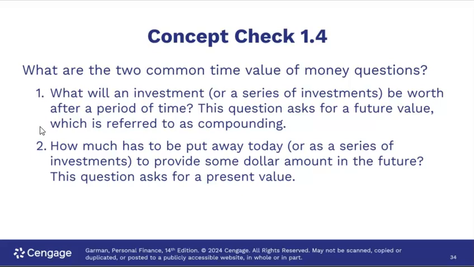So we're either compounding or discounting. Compounding is adding on, discounting is reducing. So present value: how much has to be put away today, or as a series of investments, to provide for some dollar amount in the future. This question asks for the present value.